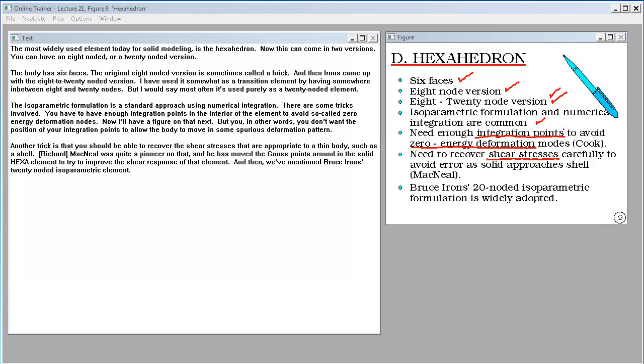McNeil was quite a pioneer on that, and he has moved the Gauss points around in the solid Hexa element to try to improve the shear response of that element. And then we've mentioned Bruce Irons' 20-noded isoparametric element.